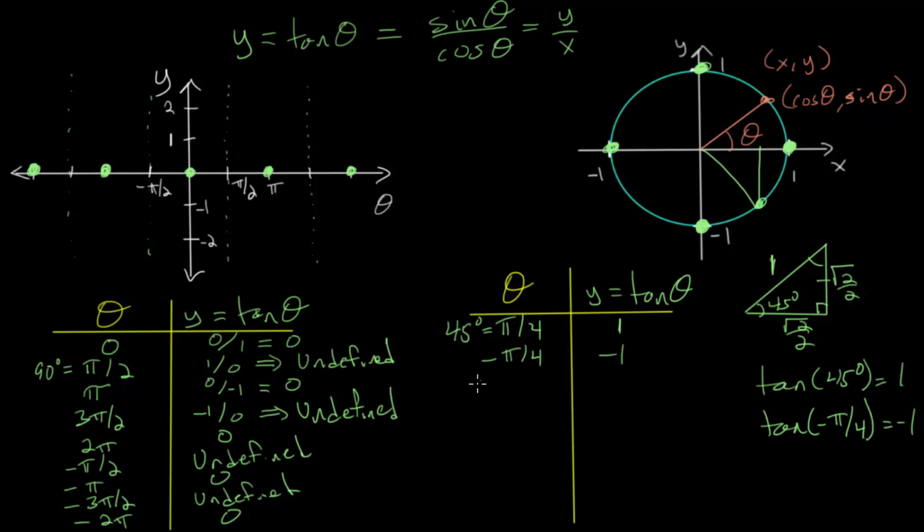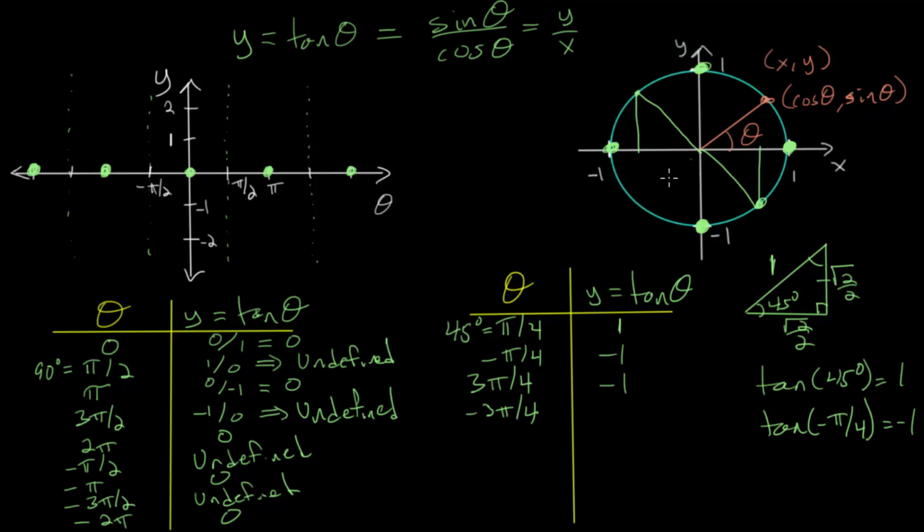And we can continue this pattern. We can look at 3 pi over 4 and minus 3 pi over 4. At 3 pi over 4, we construct this triangle right here, which would have the same lengths. These would each be root 2 over 2, but now the x value is negative. And comparing the opposite to the adjacent, we would get negative 1, since one of those is negative.